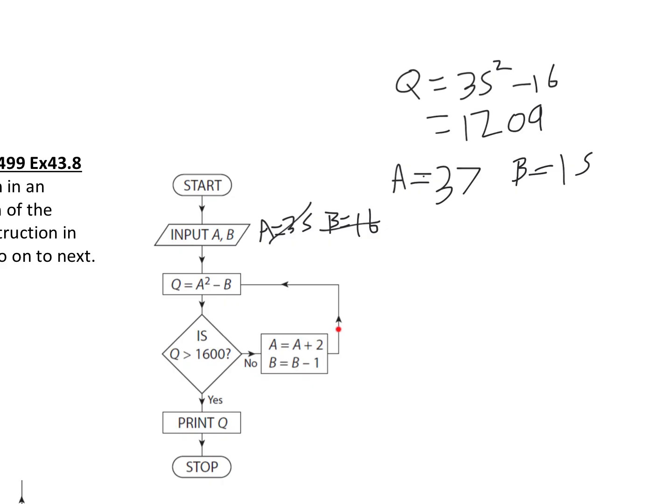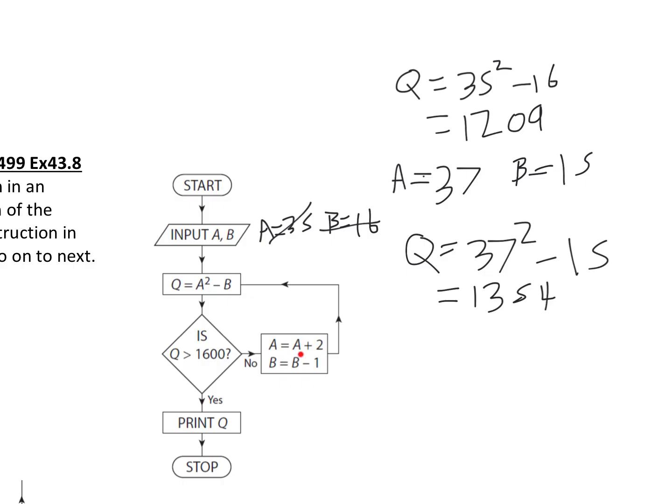And we follow the arrows around and we work out what Q is. Q is A squared, which is now 37 squared, take away B, which is now 15. And that works out to be 1354. And we follow the arrow. Is it bigger than 1600?